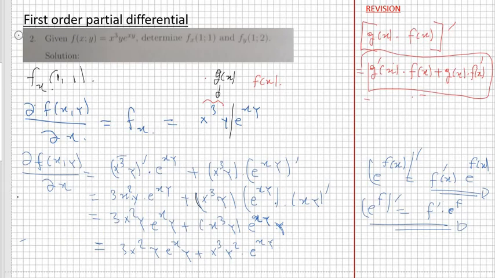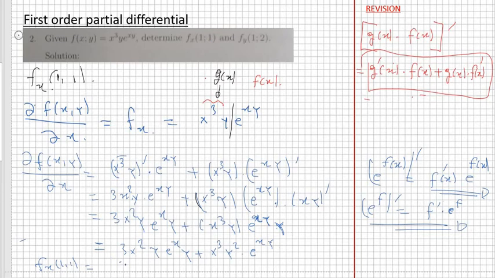So now, since they want me to determine f_x of (1, 1), I just need to replace the value of x by 1 as well as the value of y by 1.